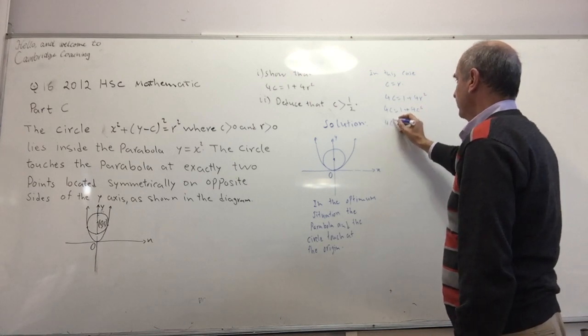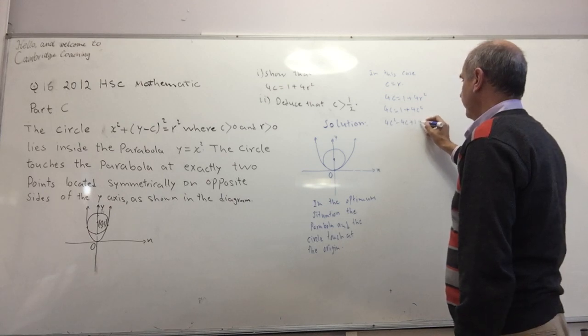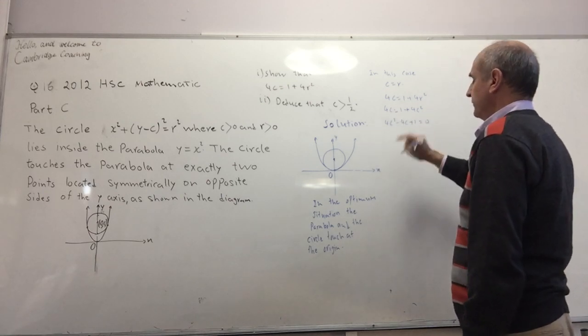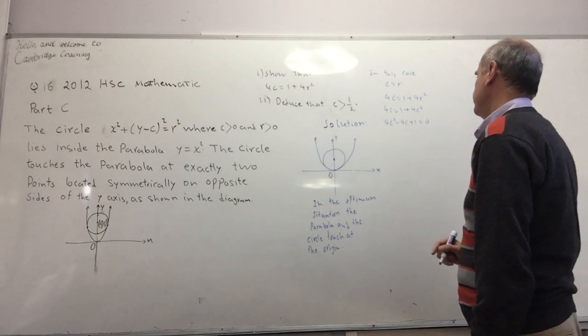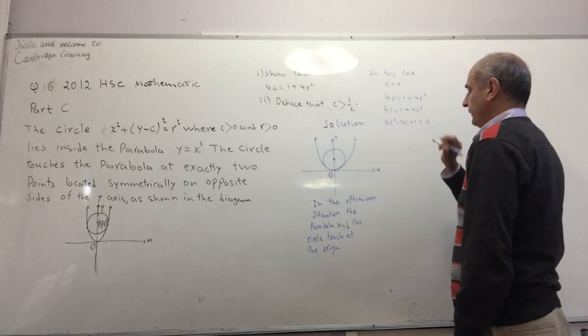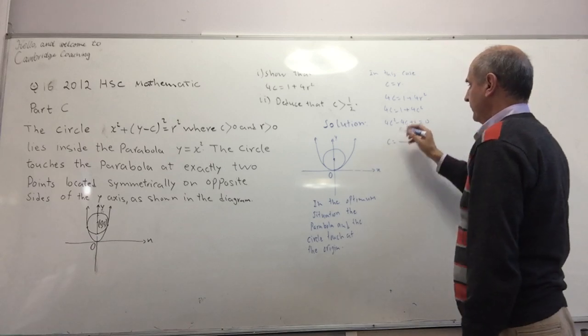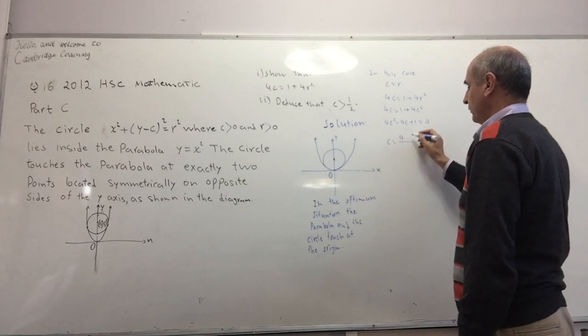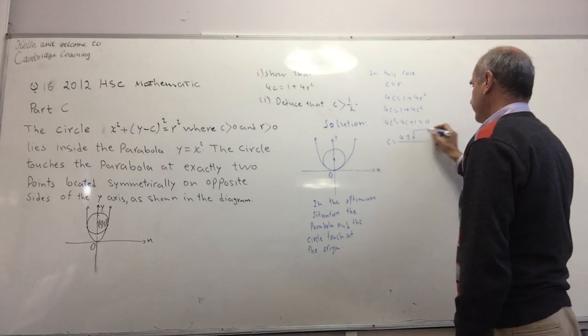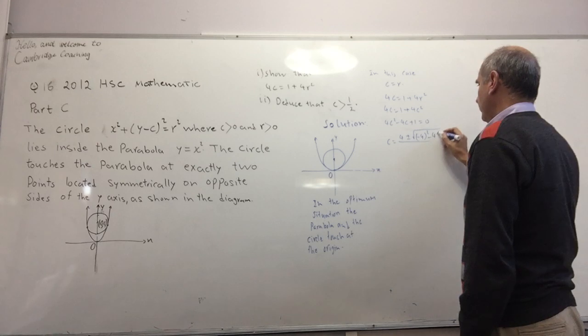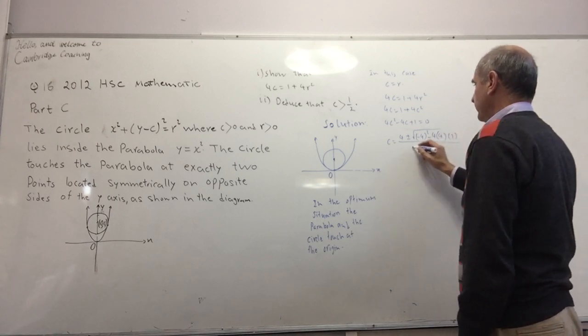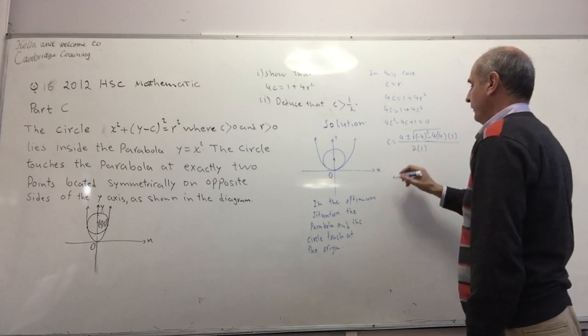So this gives us a quadratic equation. If I take it to the other side and rearrange it, that's the quadratic equation for c. Then if I solve that using the quadratic formula, c is minus b plus or minus the square root of (minus 4) squared minus 4 times a, which is 4, times c, which is 1, divided by 2a, which is 2 times 4, sorry, here my a was 4.